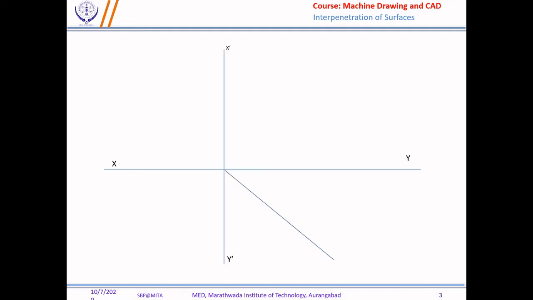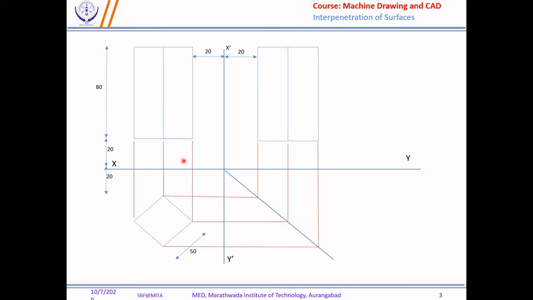First, draw the XY and X dash Y dash lines. These represent the horizontal and vertical planes in the front view. Here we have to draw the correct positions of both prisms. The faces of the vertical prism are seen as lines in the top view.